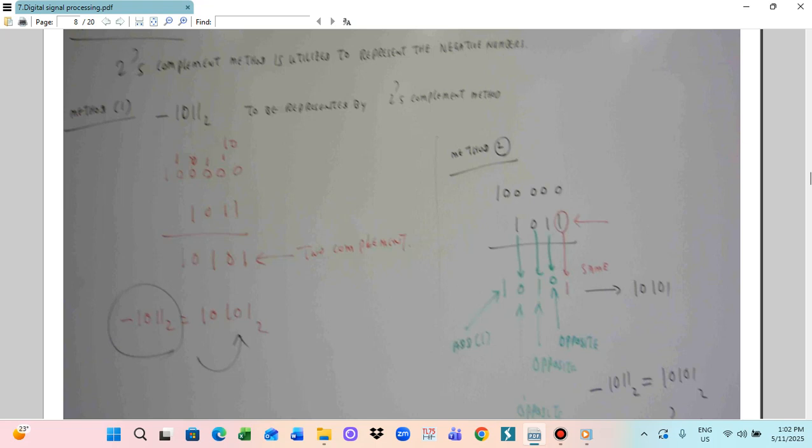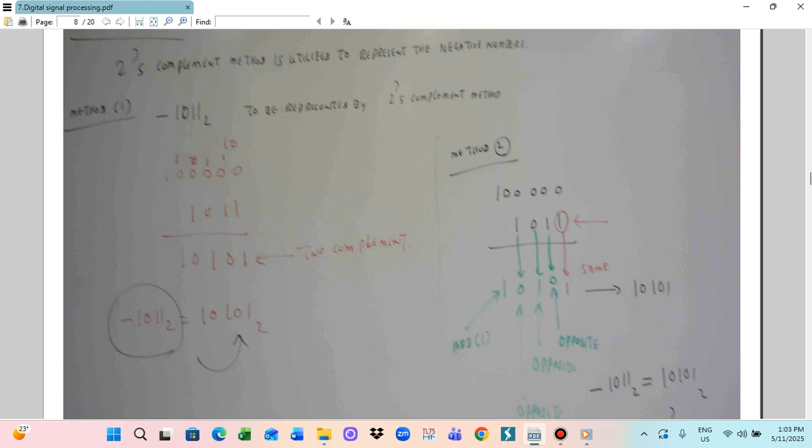After this you get 1001. Firstly you subtract this one, 10 minus 1 is 1. So this one will be 1 and 1, so you get a 0.